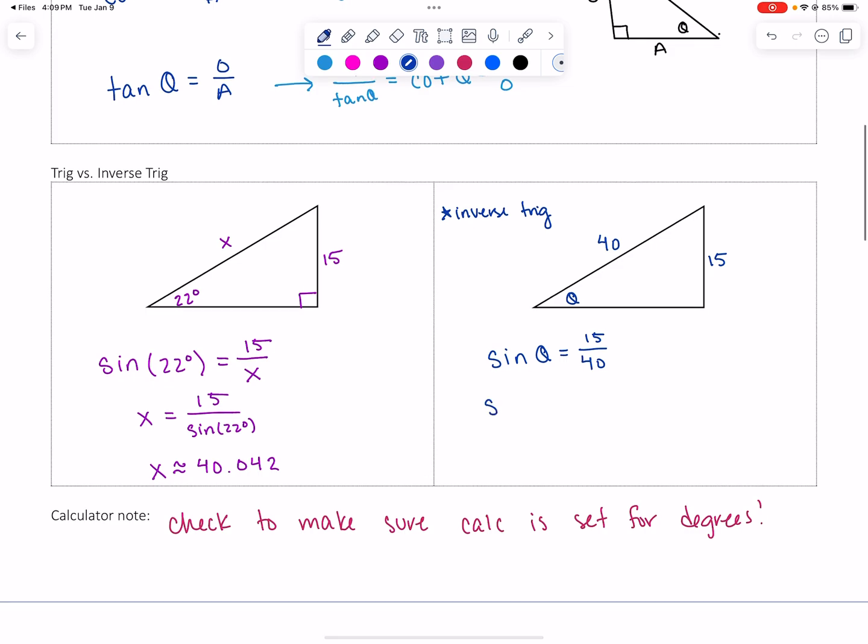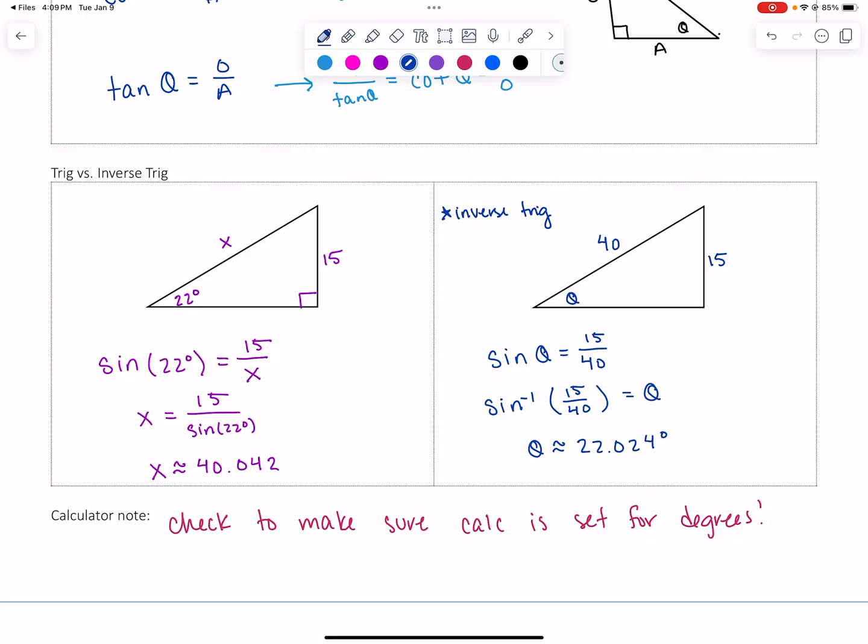So we're going to say the sine inverse of 15 over 40 is equal to our angle measure. So we get that theta is approximately equal to 22.024 degrees.